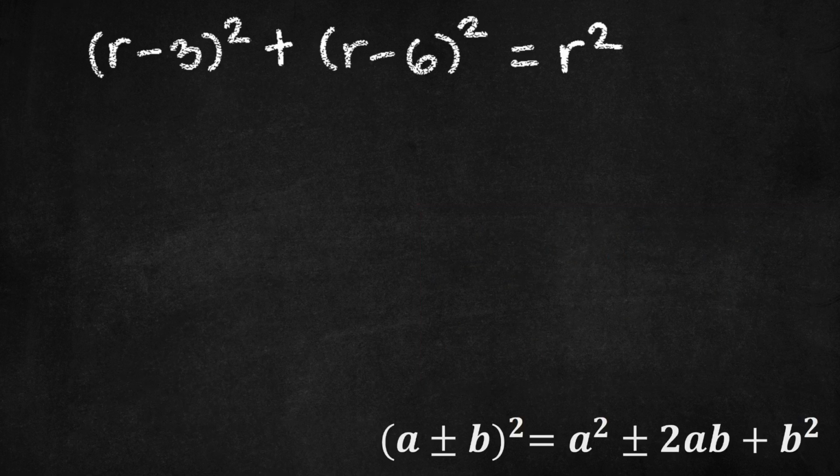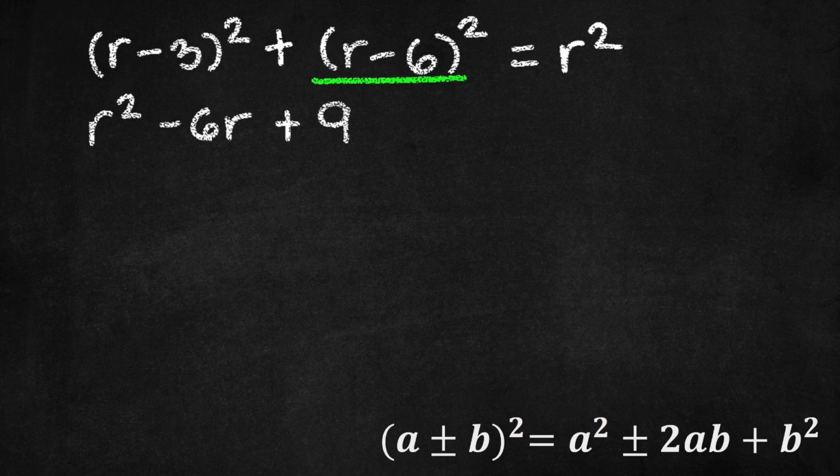We will then apply the square of a binomial to expand the squares. Let's start with (r minus 3) squared. We get r squared, and then r times negative 3 times 2, which is negative 6r, and then 3 squared, which is 9.